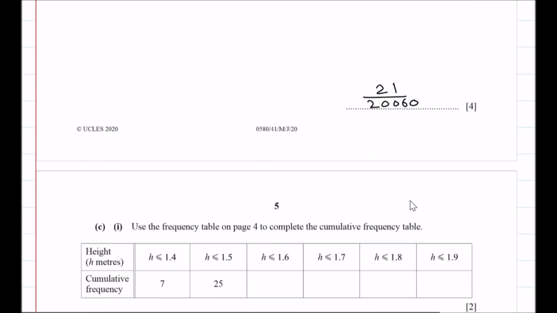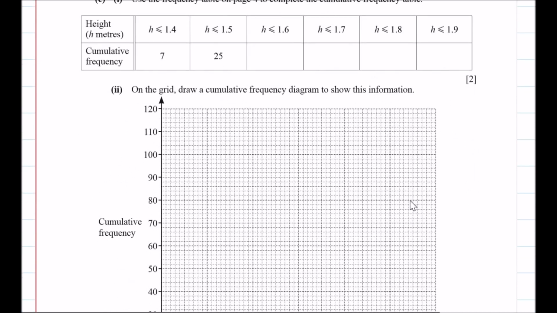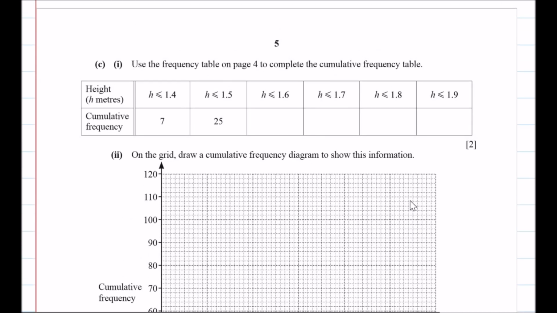Okay, next part C, 1. Use the frequency table on page 4 to complete the cumulative frequency table. We know that cumulative frequency is nothing but the running total of the frequency.